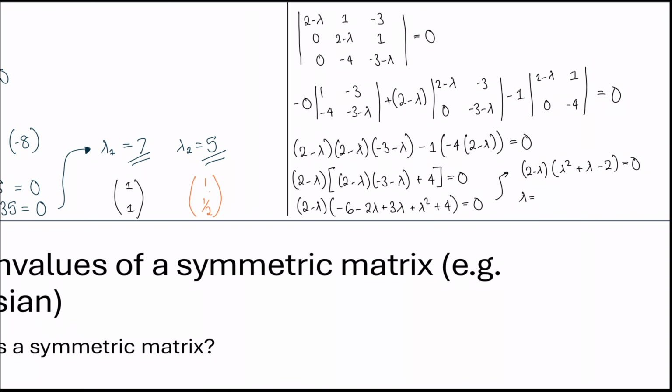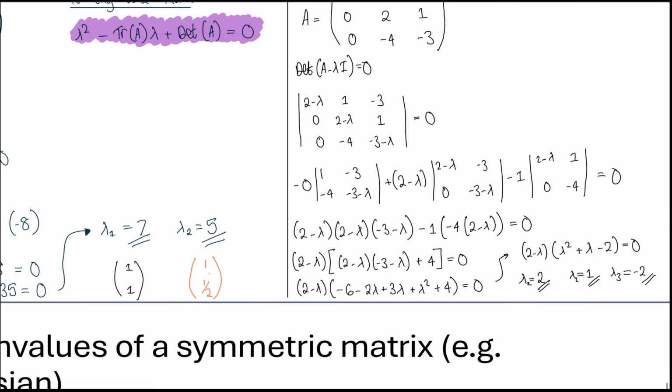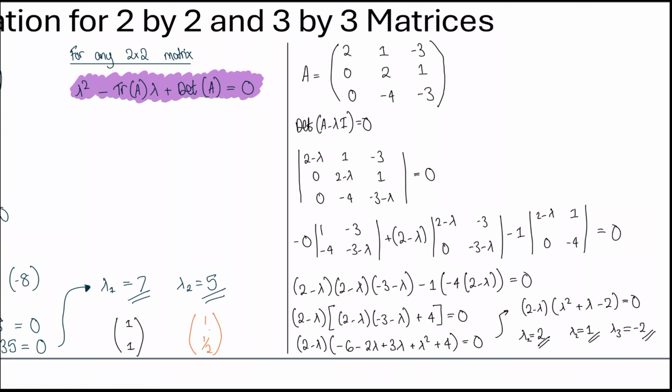So we know that our first eigenvalue is lambda is equal to 2. Our second eigenvalue is 1, and then our third eigenvalue is minus 2. If we are now going to work out the corresponding eigenvectors, let's start with lambda 1, which is 2.